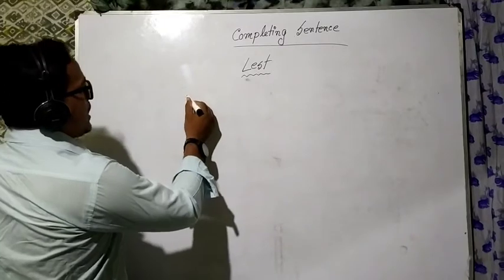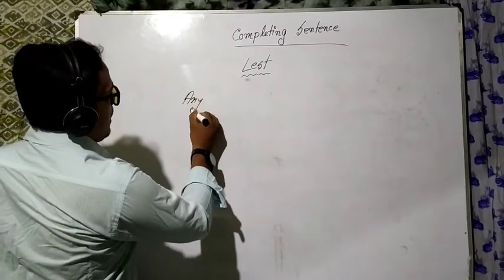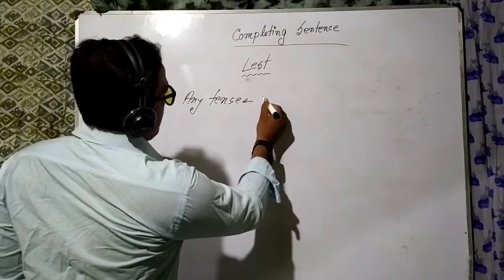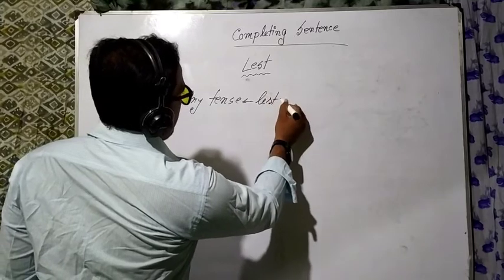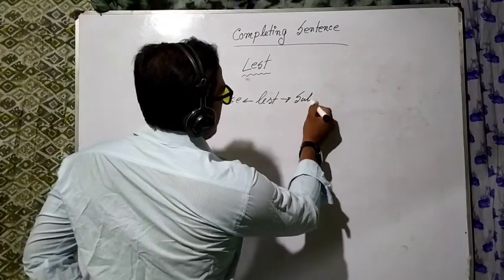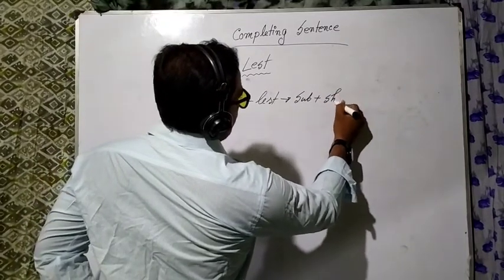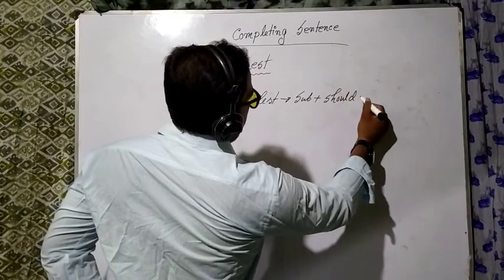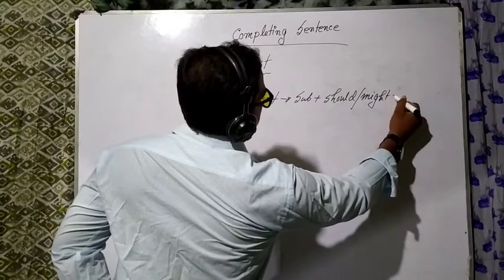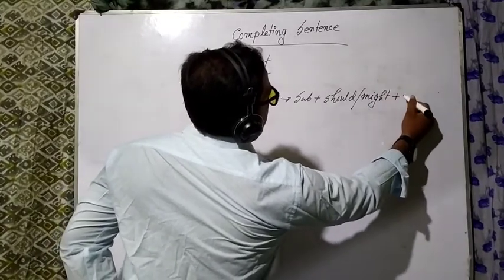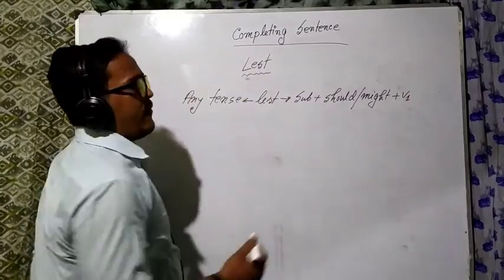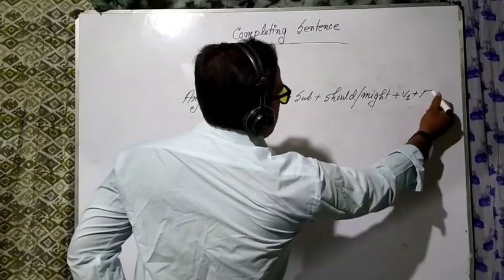Before lest we can use any tense. Any tense. Lest. Then we have to use subject plus should or might, same meaning, plus V1 which indicates present form of verb, plus extension.